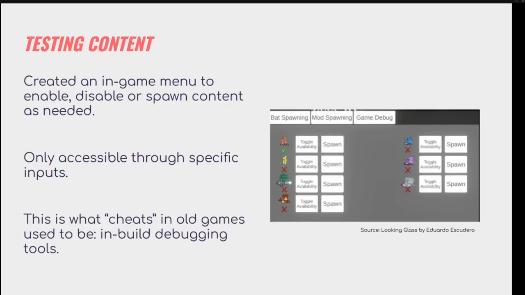So developers could quickly warp to a level and analyze it, or give yourself invisibility so you could see the behavior pattern of an enemy if the player is not around. So all of that stuff, once it was released, was repackaged and repurposed as a cheat. But it's these in-game debug tools that are usually what cheats were.